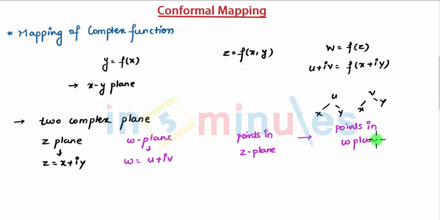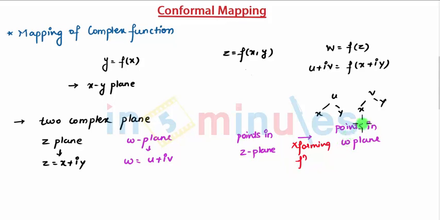When you want to transform it, obviously you require a transformation function. So in conformal mapping we have points in the z plane and we transform them to points in the w plane by using a transforming function. That's an introduction to conformal mapping.